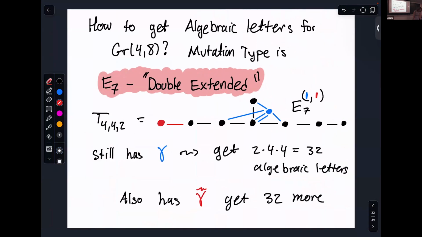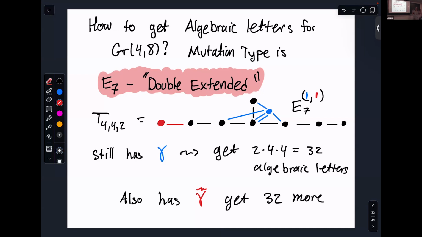So basically, I want to tell you in the last couple minutes, this was a story about an affine cluster algebra having these infinite cluster variables that should have something to do with the algebraic letters. Unfortunately, as was mentioned, G48 isn't actually an affine cluster algebra.